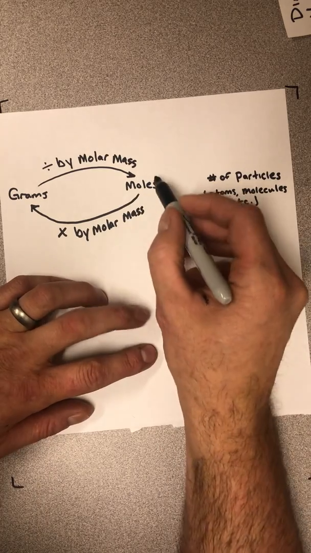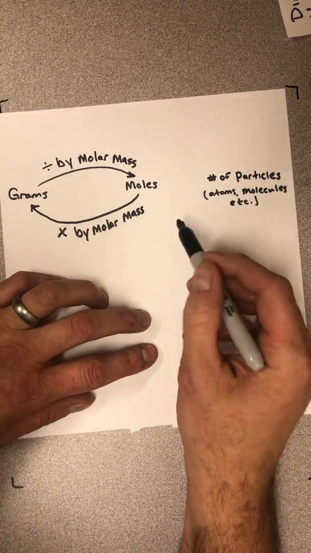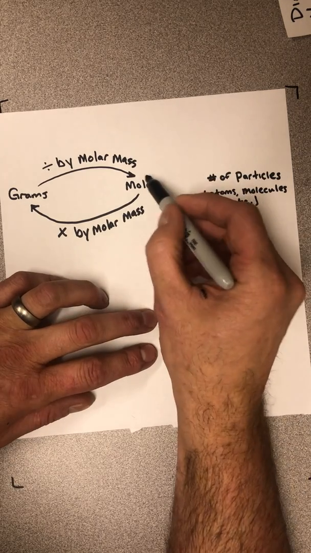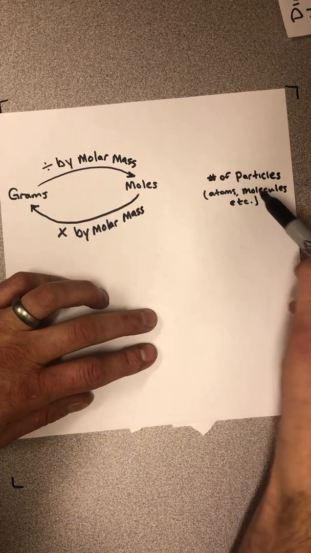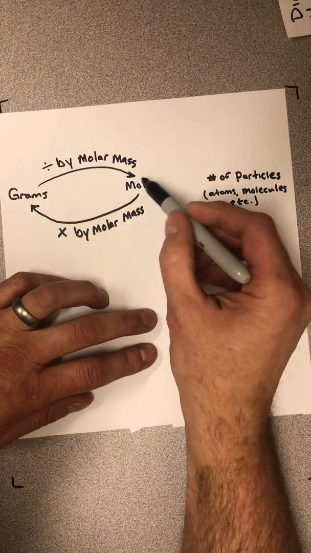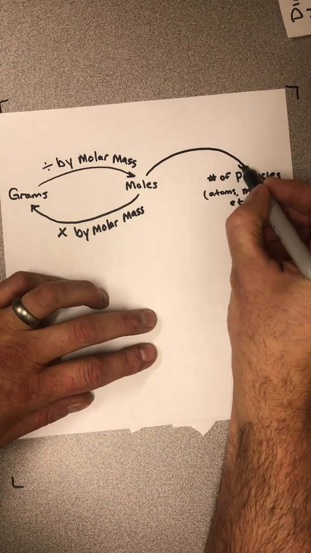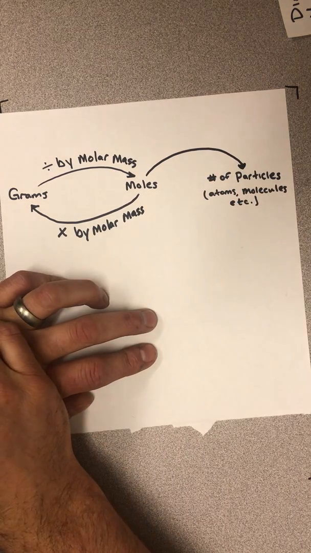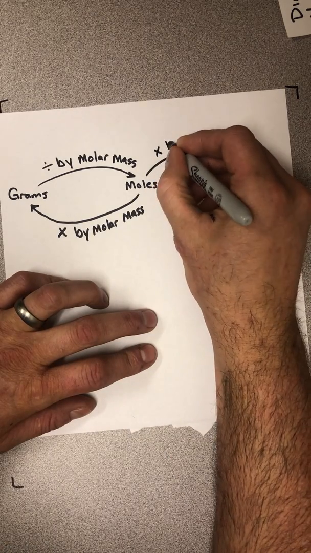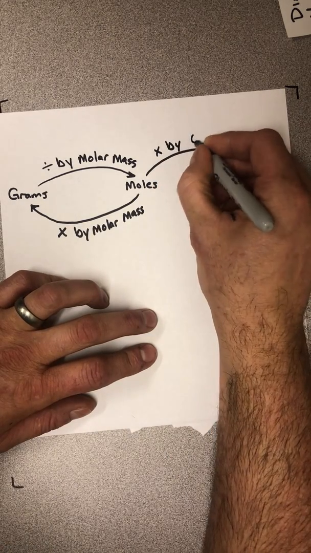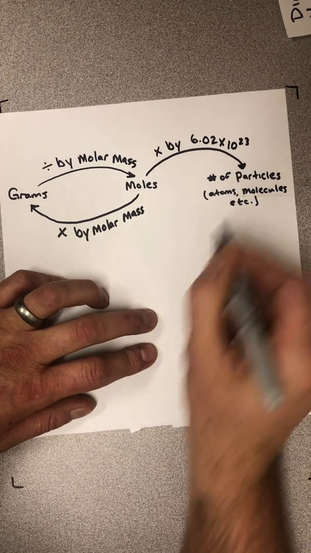And then if you are interested in going to numbers of particles, which you'll have to do for some of your initial homework assignments, you have to start at moles, and you can't go directly from grams to the number of particles. You have to do it from moles. So if you want to go from moles to the number of particles, this is where you would multiply by Avogadro's number, 6.02 times 10 to the 23rd power.